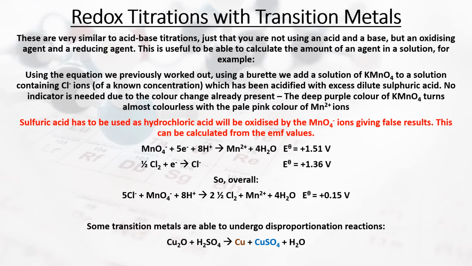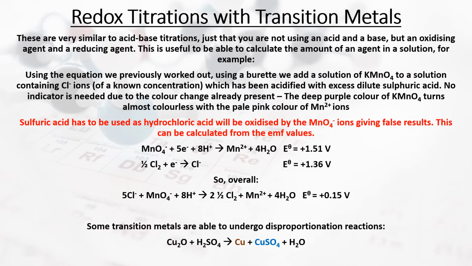So we're going to have to flip our equation around. So we're going to have chloride anions releasing electrons and producing Cl2. Our manganate one we keep written as a reduction. And then remember to create the overall equation, we need to make sure that our electrons balance so they can cancel out.